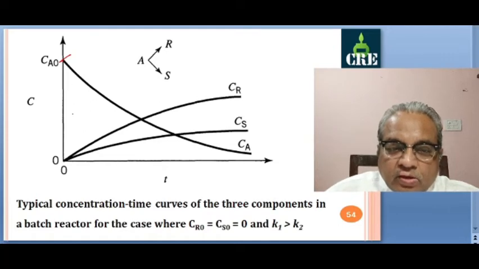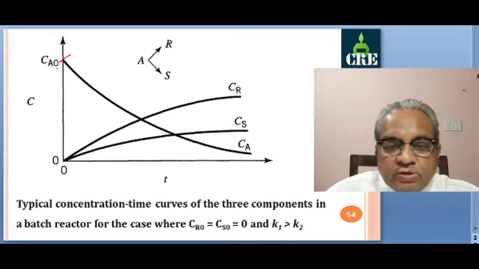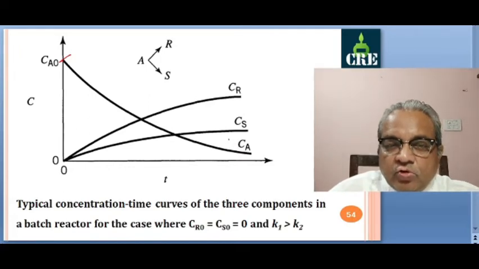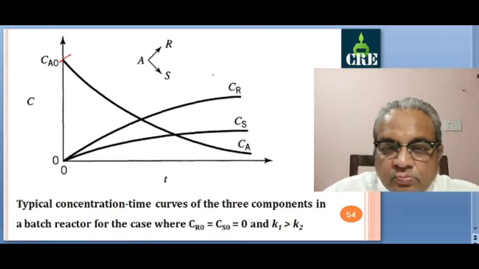And the concentrations at any point, if you consider CA0 plus 0 plus 0, that is CA0 plus CR0 plus CS0, is simply CA0. And at any point of time, say time t equal to t, at any section, CR plus CS plus CA will be equal to CA0 only.